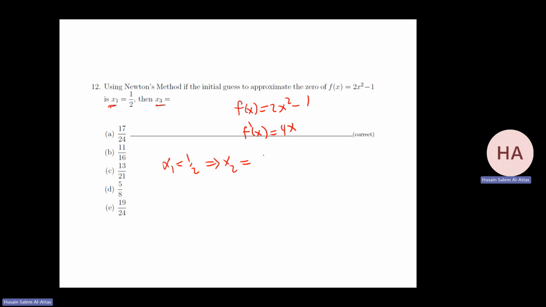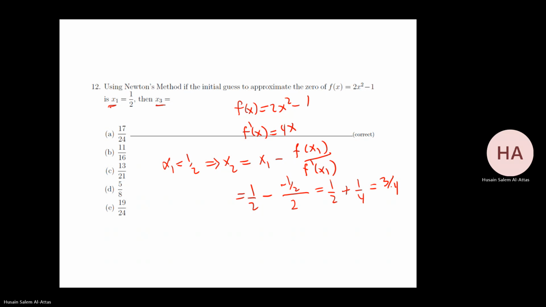It is equal to x1 minus f of x1 over f prime of x1. So that will be half minus f of half, 2 over 4, which is half, minus 1, that is minus half, over f prime of half, 4 times that over 2. So that will be half plus 1 over 4. That will be 3 over 4.